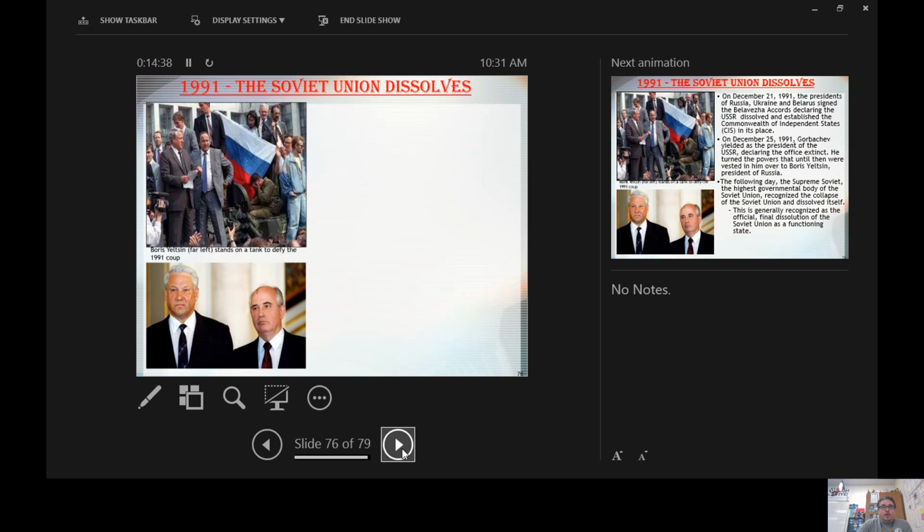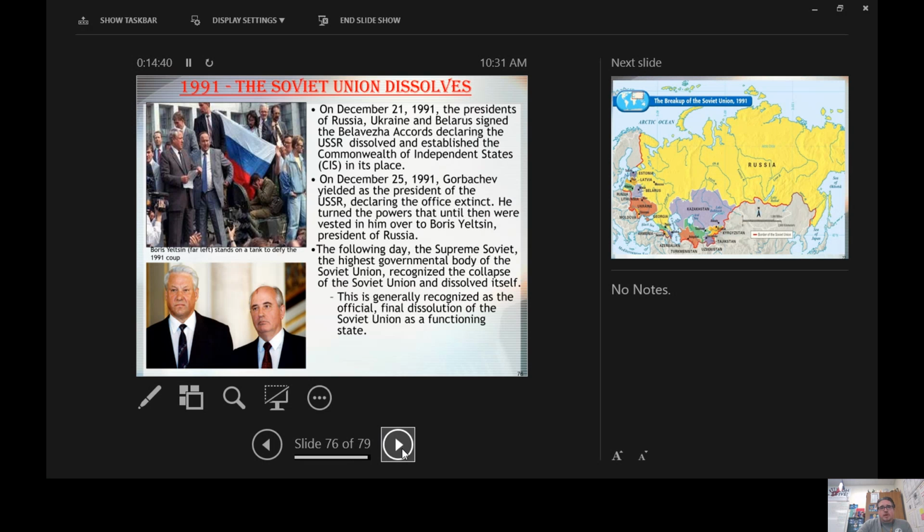1991, the Soviet Union officially dissolves. On December 21st, 1991, the presidents of Russia, Ukraine, and Belarus signed the Belavezha Accords, declaring the USSR dissolved and establishing the Commonwealth of Independent States in its place. On December 25th, 1991, Gorbachev resigned as the president of the USSR, declaring the office extinct.